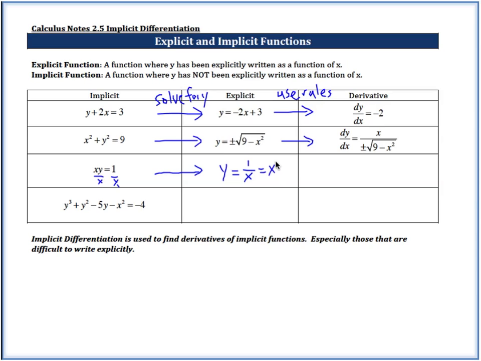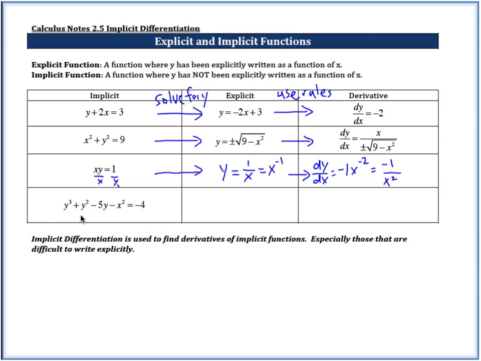We change this to x to the negative 1, and then dy over dx would be negative 1 times x to the negative 2, which we rewrite as negative 1 over x squared. So we have a process by which we can find the derivative of an implicit function by first writing it explicitly and then using our rules to find the derivative.